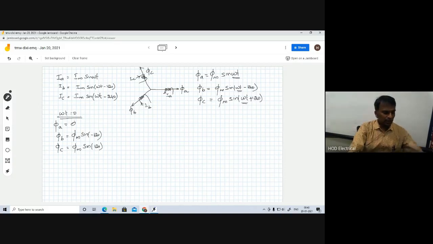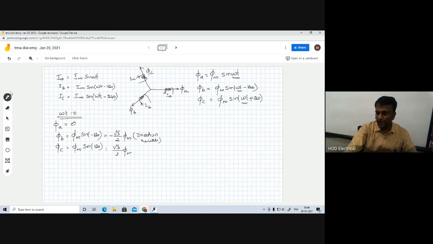So accordingly, we can end up with this equation: sine of omega t minus 120 is nothing but minus root 3 by 2 phi M. Then this is nothing but root 3 by 2 phi M. So minus is nothing but direction is reverse. Minus is nothing but reverse direction.